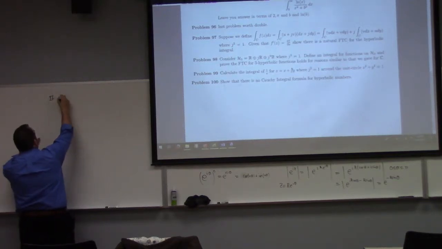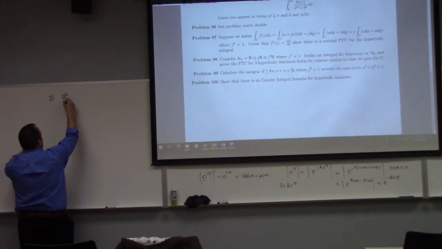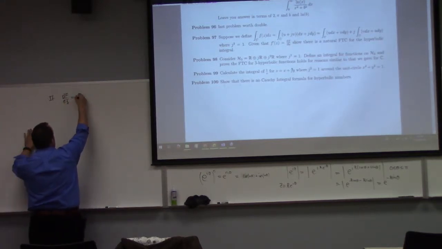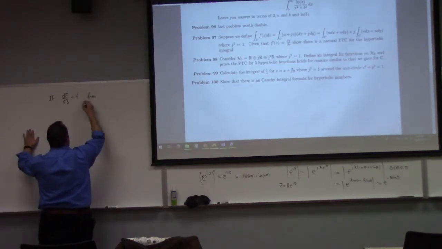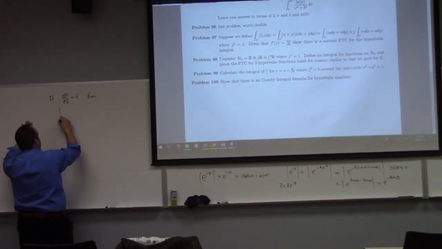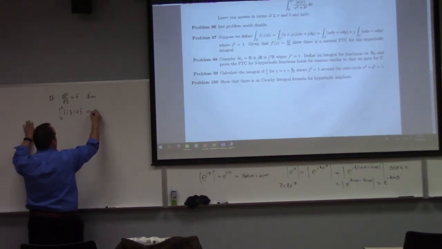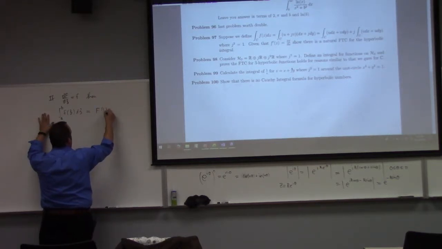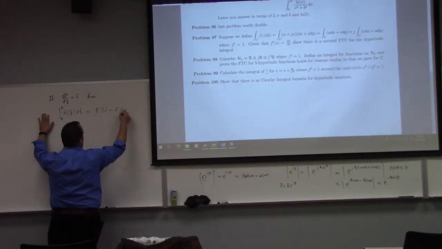If dF/dζ is equal to little f, then the integral from, say, a to b of f of ζ dζ is equal to big F of b minus big F of a.